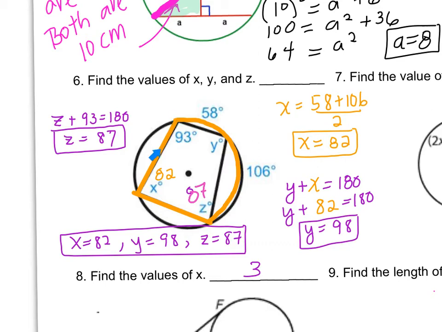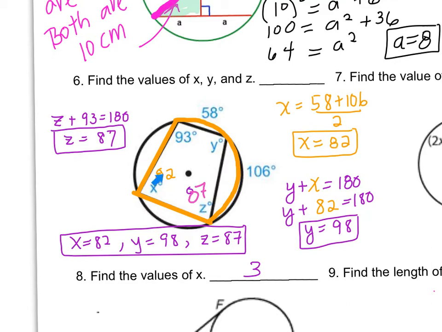So I'm going to use this orange angle here, which is x. And I'm going to use the arc that goes across from it, which is going to be the 58 plus the 106. So I'm going to take this arc and divide it by 2 because this is an inscribed angle. 58 plus 106 divided by 2 gives me 82.